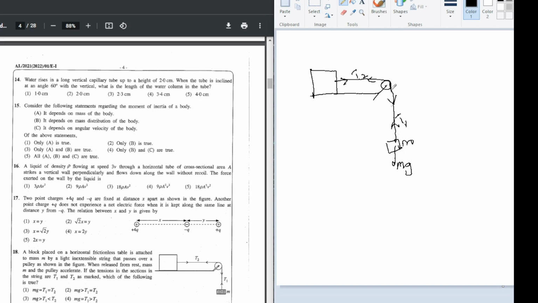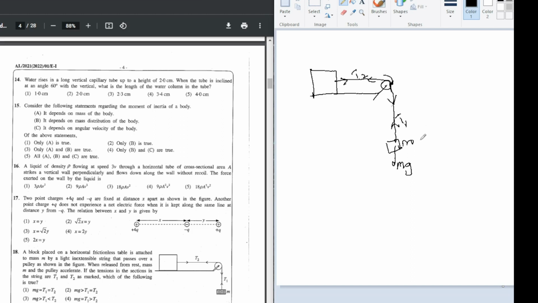And they say the pulley is also accelerating. Now T2 is in this direction on the pulley, and T1 in the downward direction. If you think of the two forces on the pulley, to turn this with an acceleration, T1 must be larger than T2.